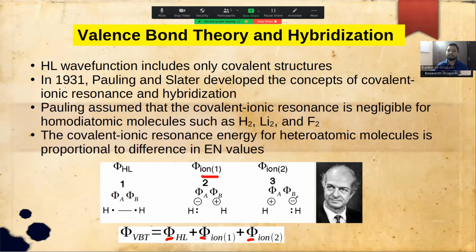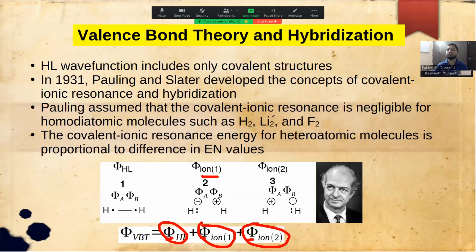However, in the case of the hydrogen molecule, Pauling assumed that the ionic structure contribution is negligible. Therefore, we can still say that the overall wave function is the Heitler-London wave function, or the covalent wave function.